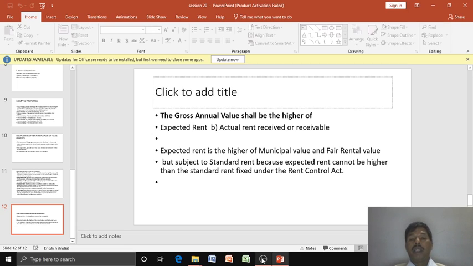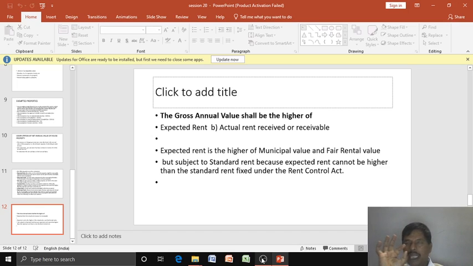Expected rent is equal to fair rent or municipal value, whichever is higher, but not more than the standard rent. Expected rent is the higher of municipal value or fair rental value, but subject to standard rent, because expected rent cannot be higher than the standard rent fixed as per the Rent Control Act.